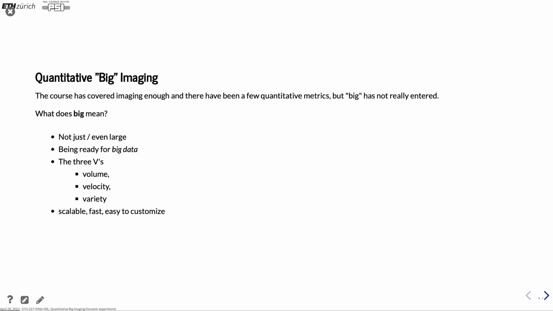And variety is always interesting, and in particular, if you want to do a statistical experiment. When we talk about volume and velocity, you should try to work towards having scalable methods that are fast and easy to customize to be prepared to work with large amounts of data.